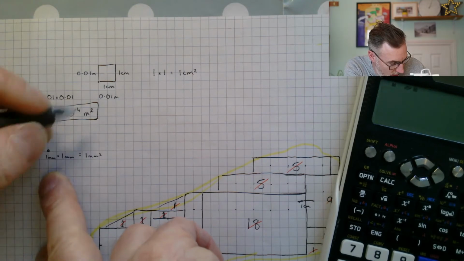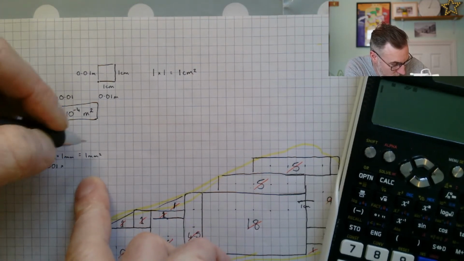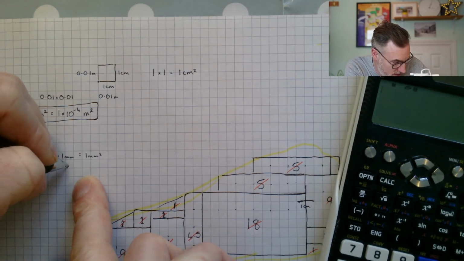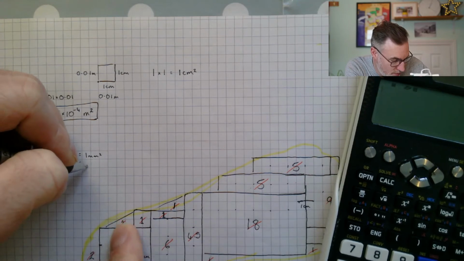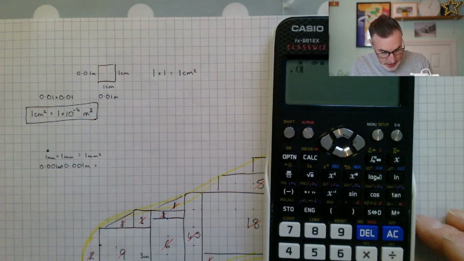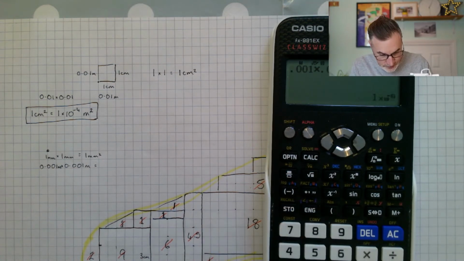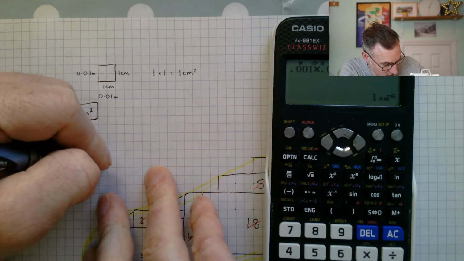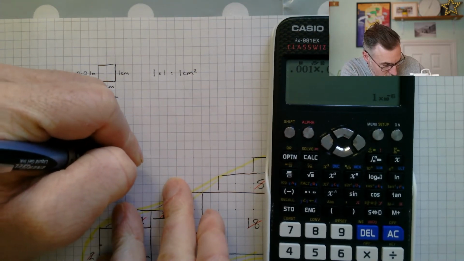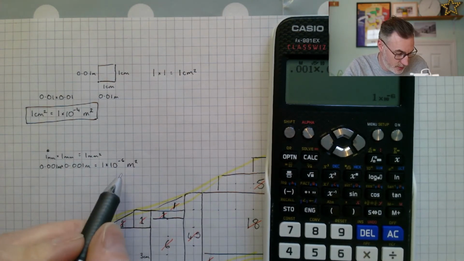Now, that 1 millimeter is going to be 0.001 meters times 0.001 meters again. And that's going to work out as 1 times 10 to the minus 6 meters squared.